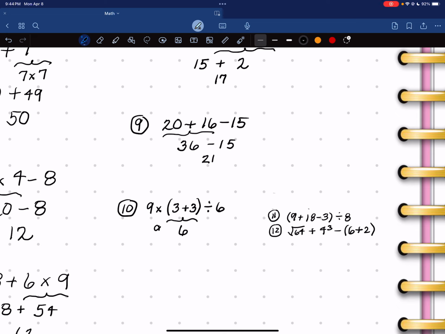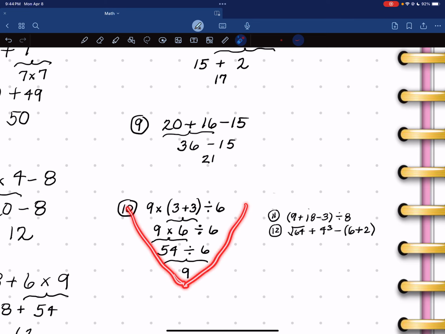No exponents or roots. Multiply or divide from left to right. 9 sixes are 54. Drop this divide 6, and 54 divided by 6 is 9. Notice that I still have that V shape. That is a very good sign. These should get a little bit smaller on each level of the problem.